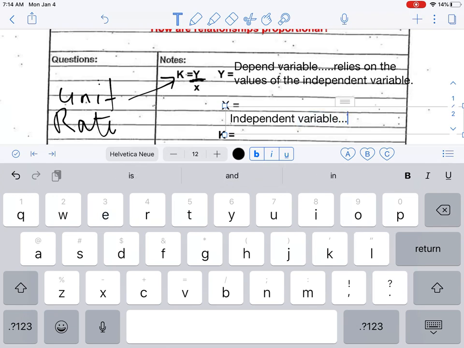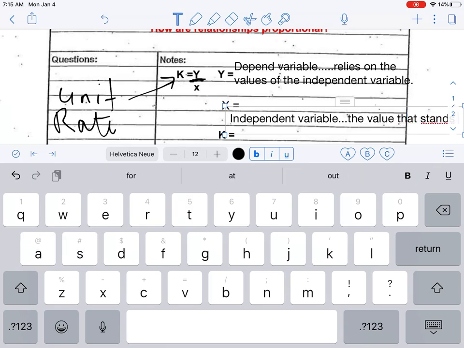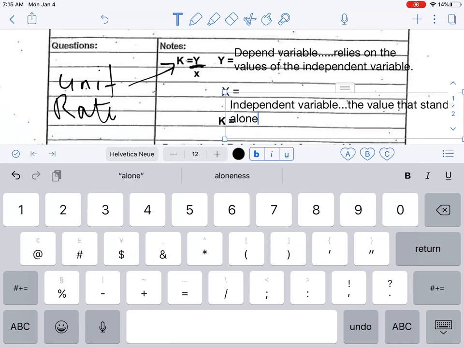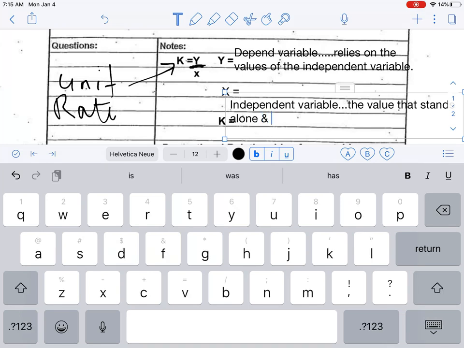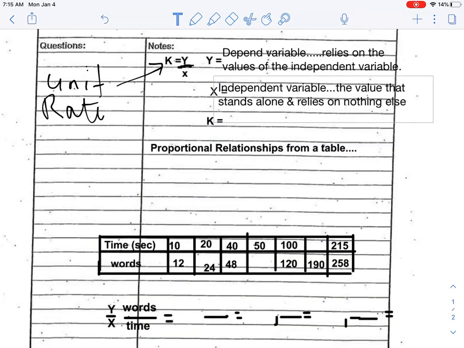The independent variable is the value that stands alone and relies on nothing else. So basically, nothing will affect the value of the independent variable.